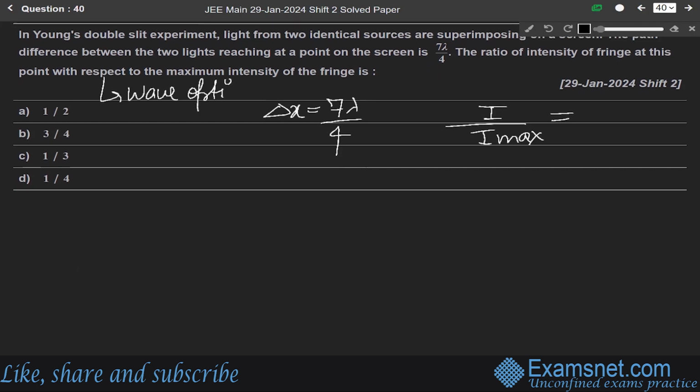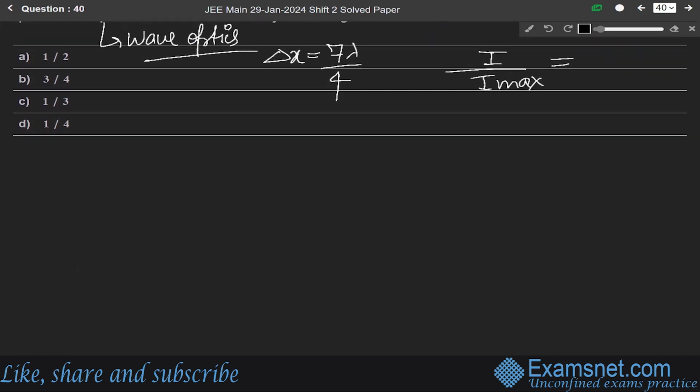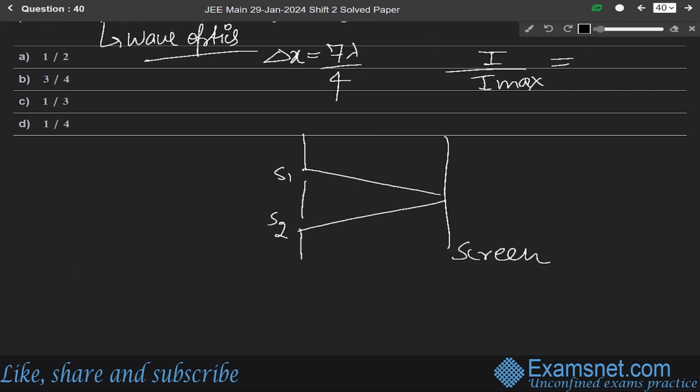Let us try to understand this question with the help of a diagram. Let us say these are two slits S1 and S2 and light is passing through them, and this is our screen. This is our center fringe where the intensity is maximum, I maximum.